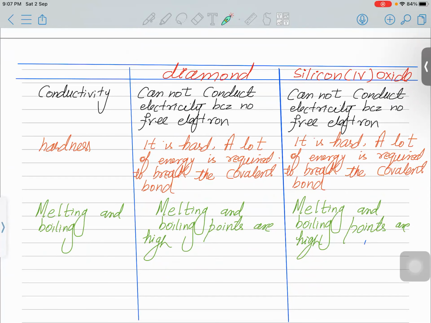Can you tell me some similarities between diamond and silicon? Both have high melting and boiling points. Very good. Also they're hard.